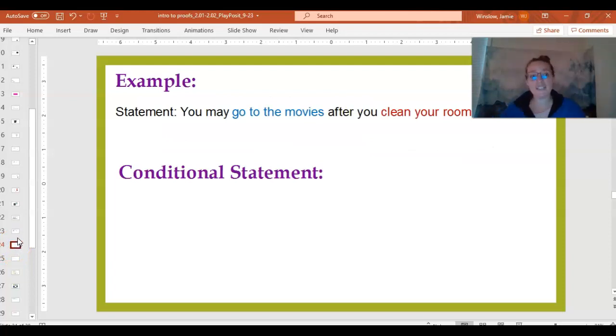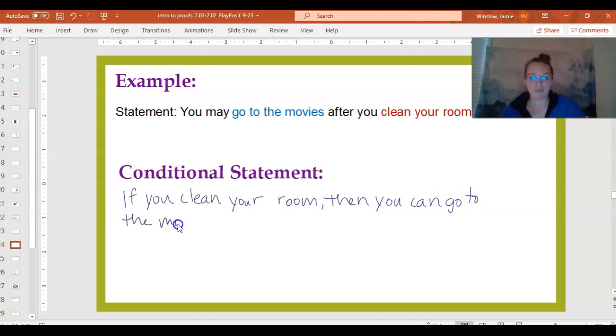We can turn any statement into a conditional statement. So here's our general statement. You may go to the movies after you clean your room. There's a few ways we can turn this into a conditional statement. So I don't want you to think there's just one right way. Here's one way. So if you clean your room, then you can go to the movies.